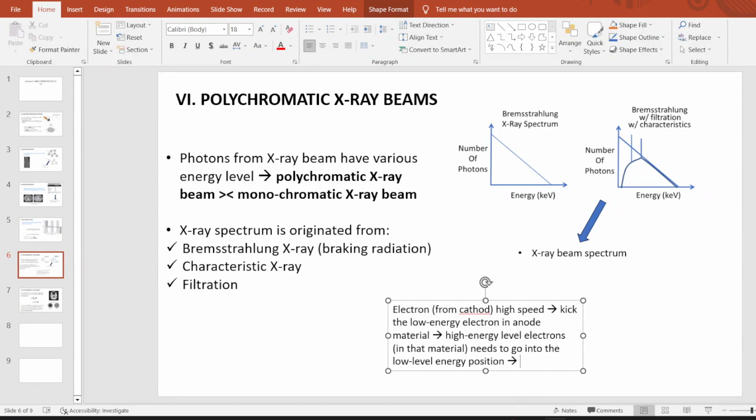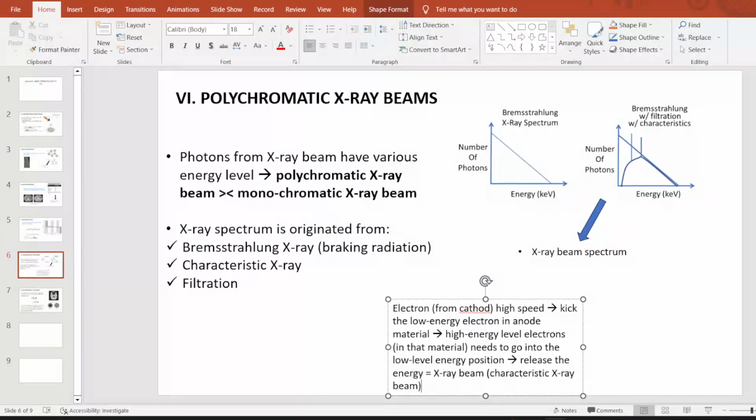This releases energy, meaning an X-ray beam, and this kind of X-ray beam is called the characteristic X-ray beam. It's a complex process, and we need another day to talk about the details, but just keep in mind the origin of the characteristic X-ray.